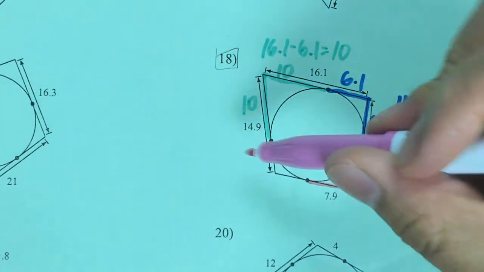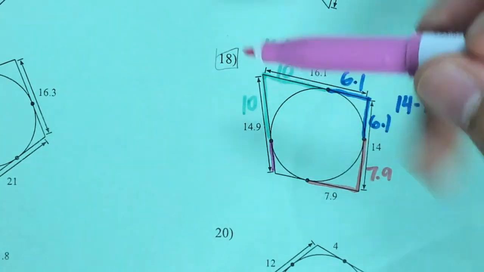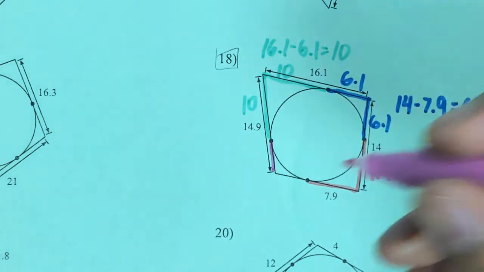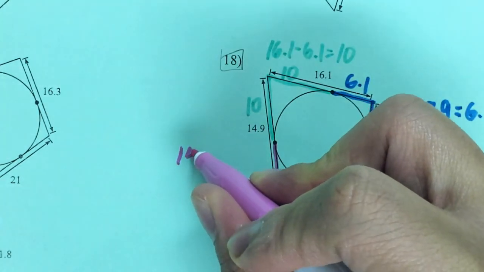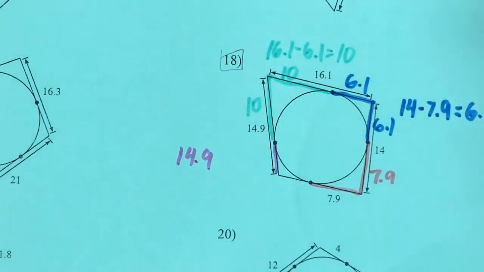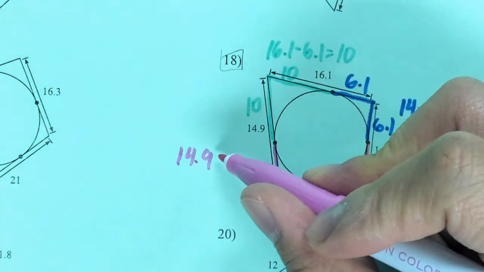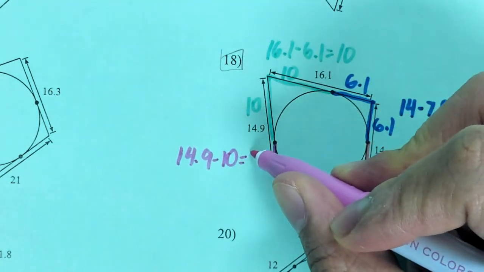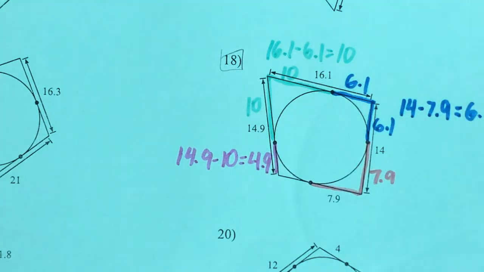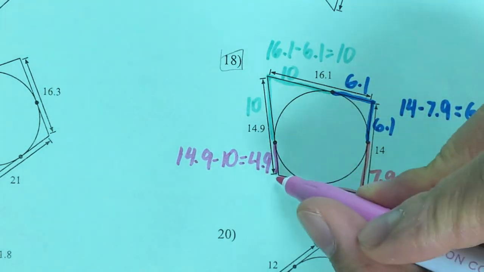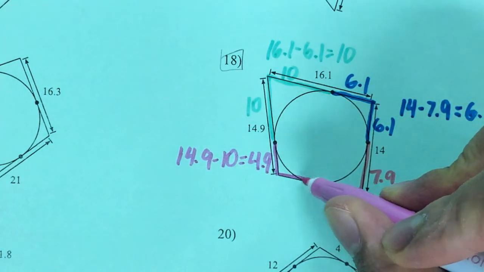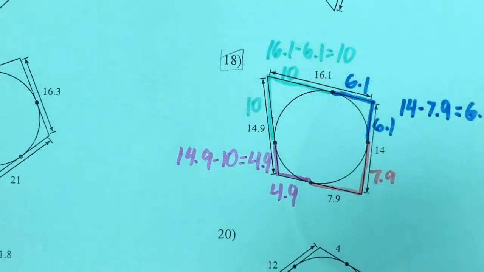And lastly, I want to find this bottom part. Again, entire left side is 14.9 minus the top part in green, minus 10, equals 4.9 on that side, which means this part's congruent, also 4.9.